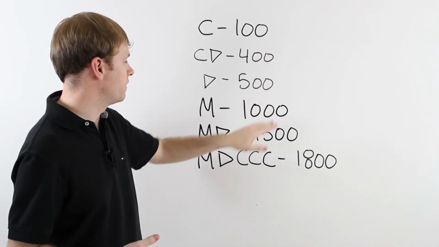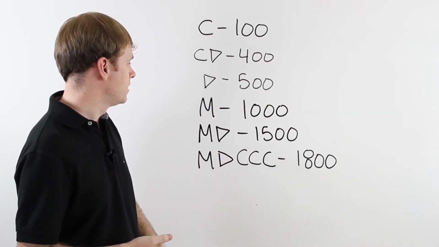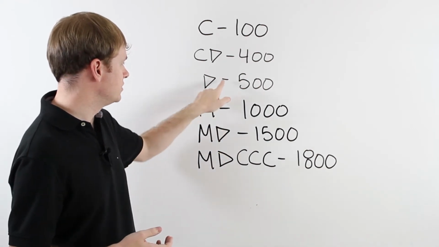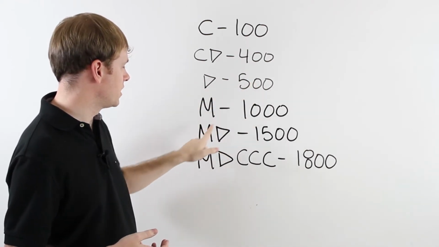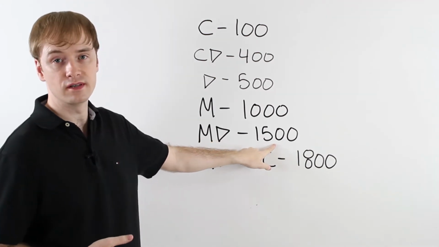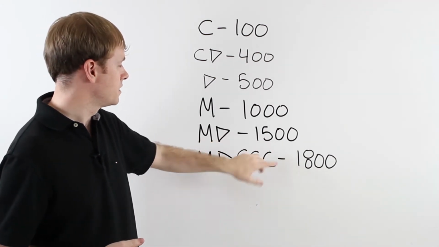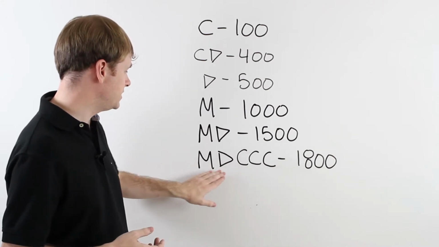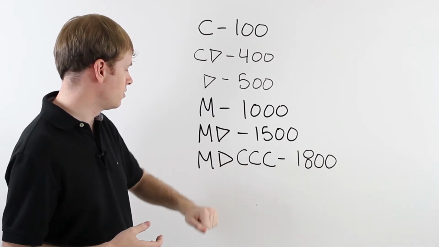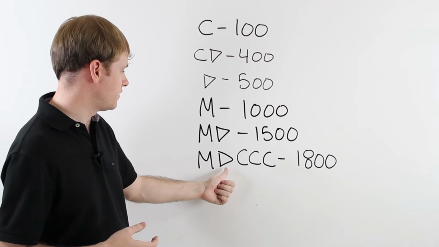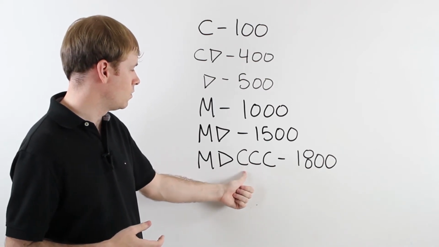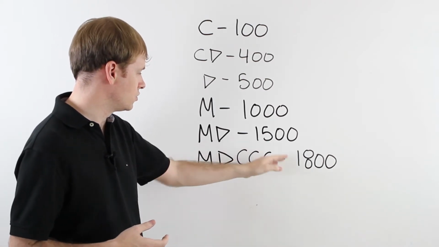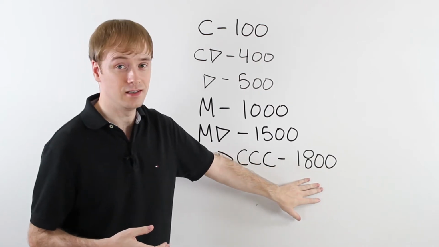M is 1000. Okay. MD. Well, D is 500. M is 1000. So 1500. MD. And the last one here, really big number. MDCCC. Okay, so 1,000, 500, and 100, 200, 300. The total here is 1,800.